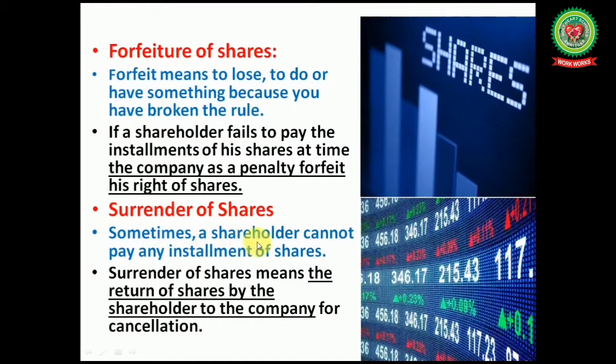So sometimes a shareholder cannot pay any installment of shares. Then surrender of shares means the return of shares by the shareholder to the company for cancellation. That is called the surrender of shares. Means forfeiture of shares is done by the company, but surrender of shares is done by the shareholder. That is the difference between these two terms.